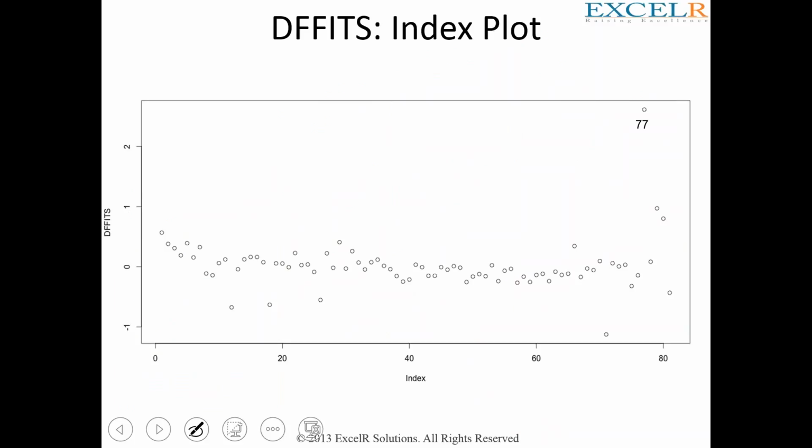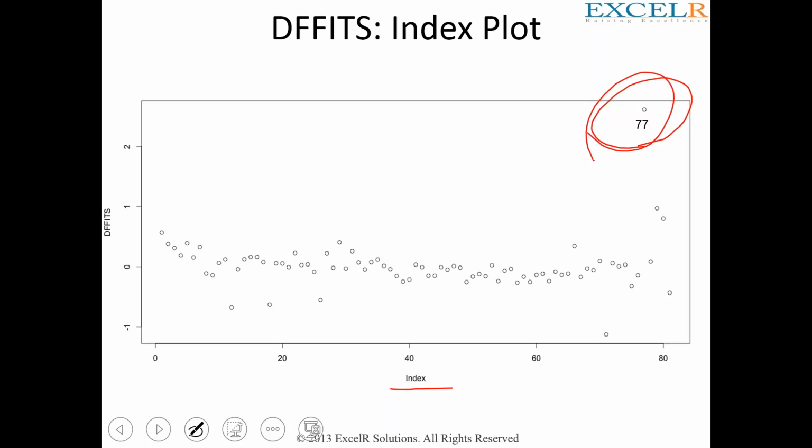If you instead see some points which are significantly or abnormally different from the rest of the data points, either using this index plot or your dot plot or your box plot, that means this is your influential value that is actually influencing the entire model.